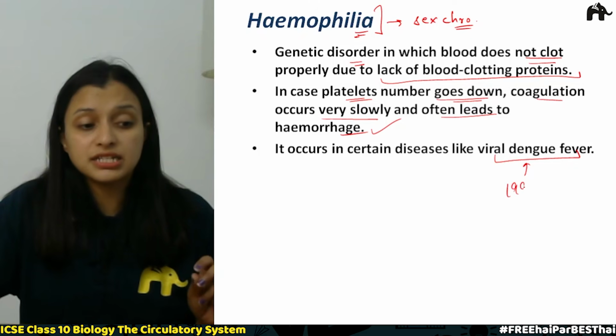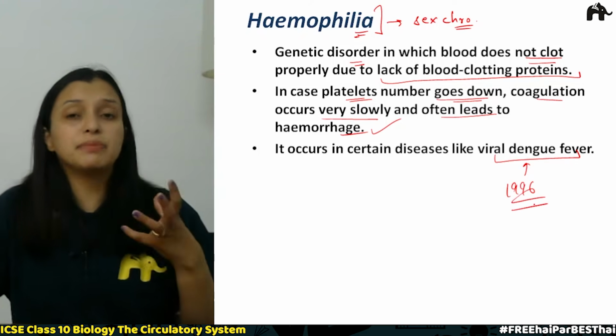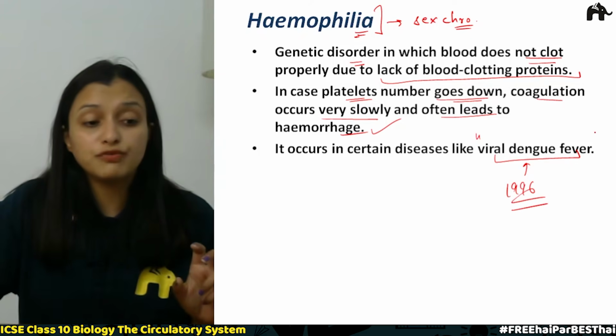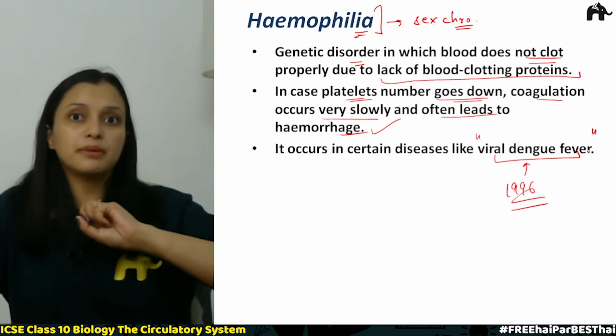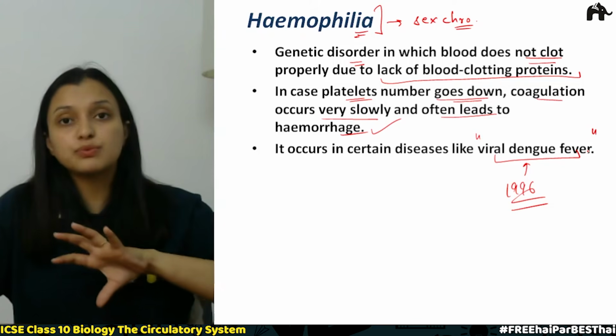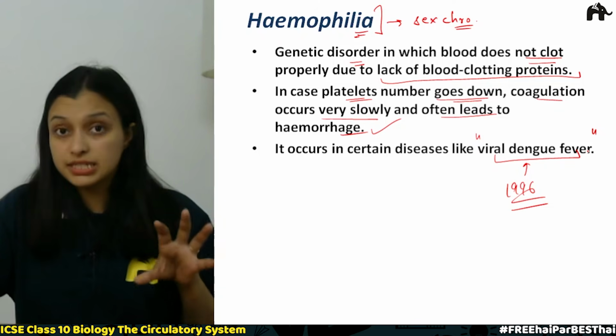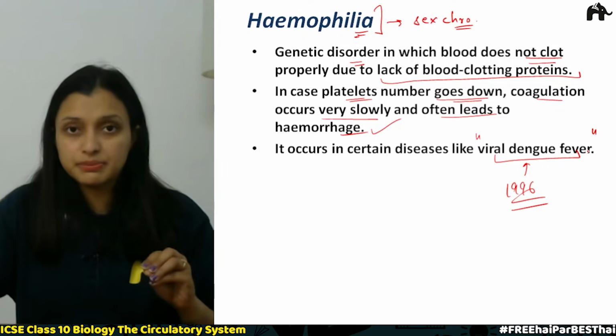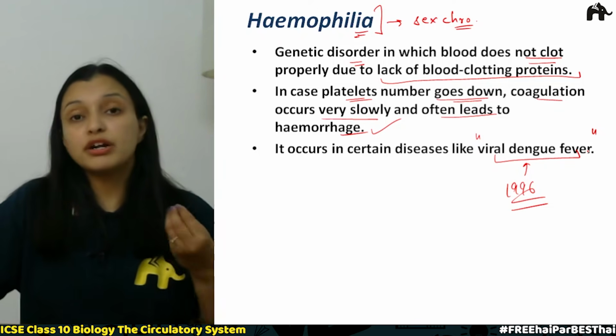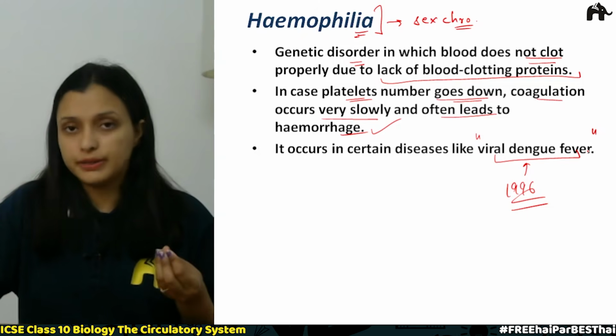In 1996 in India, in Delhi and in many other states, this was a viral fever that spread and led to the death of many people because their body was not able to form a clot, right?